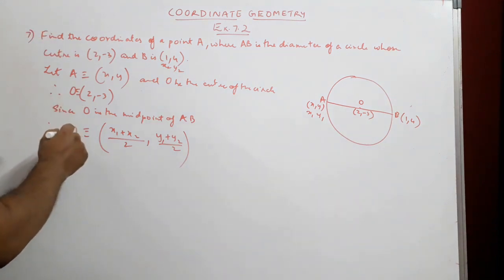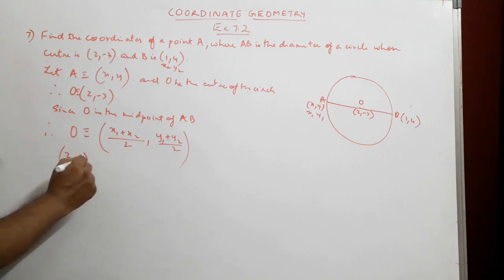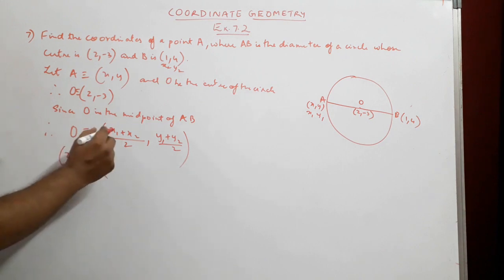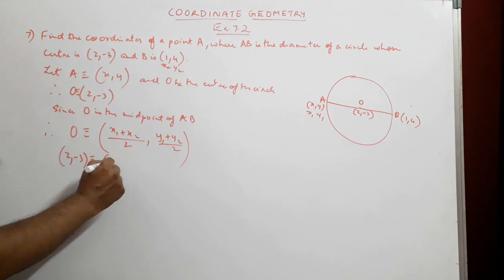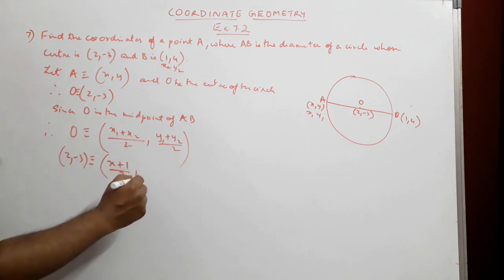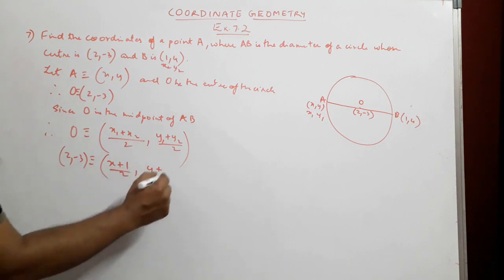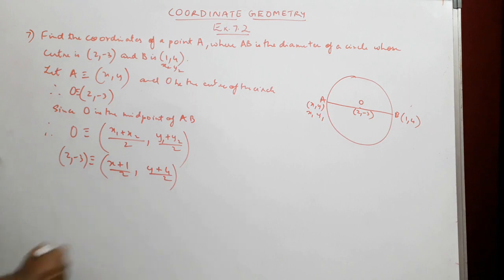And we have been given the coordinate of O as well. So we put O over here, (2, minus 3), corresponding to x1 is just x, x2 is 1 upon 2, y1 is y, and y2 is 4 upon 2.